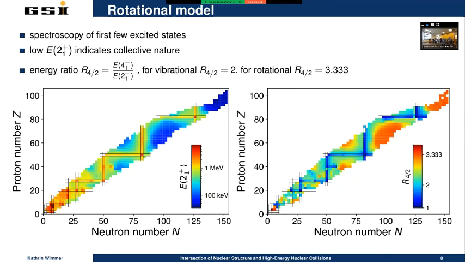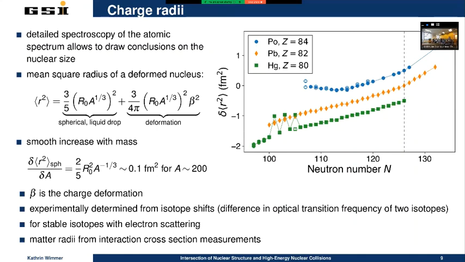So maybe the simplest observable is the excitation energy spectrum, but another simple observable, which is also directly related to ground state properties, are charge radii. By a detailed spectroscopy of the atomic spectrum, one can draw conclusions about the size of the nucleus, because the size or the charge distribution of the nucleus itself affects the atomic spectrum.